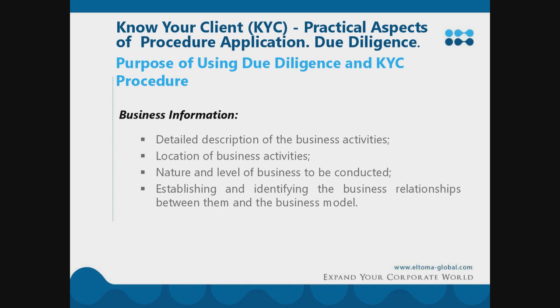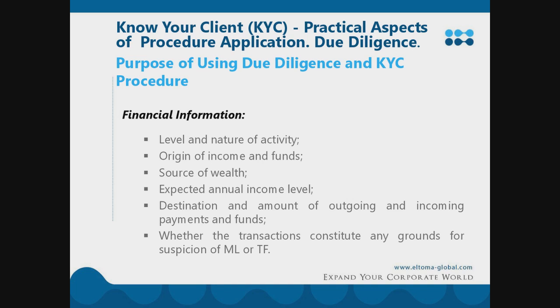Business information. Business information is information about the business activity of the company, allocation of business activities, nature and level of business, and also establishing and identifying the business relationships between them and the business model. And the last one is financial information.